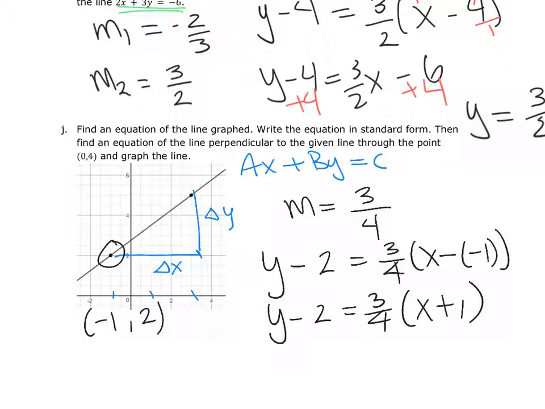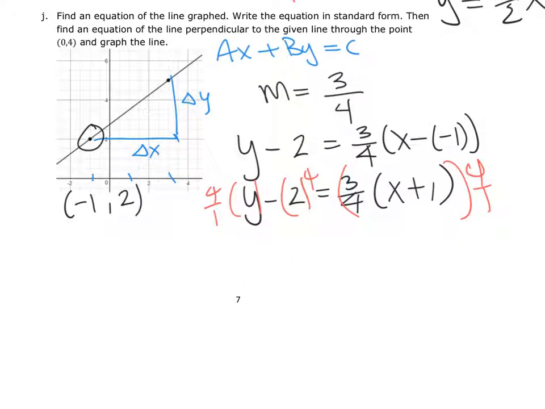So in other words, I'm going to multiply this by 4 over 1, and I'm going to multiply each one of these by 4 over 1, or just 4 if you like. And so my equation is 4y minus 8 is equal to 3, because this 4 right here canceled with that 4 right there, x plus 1.